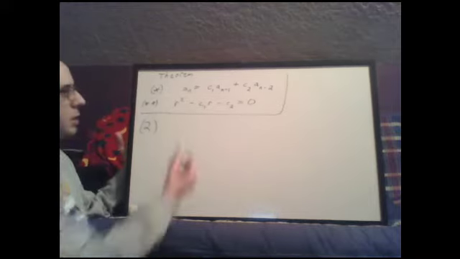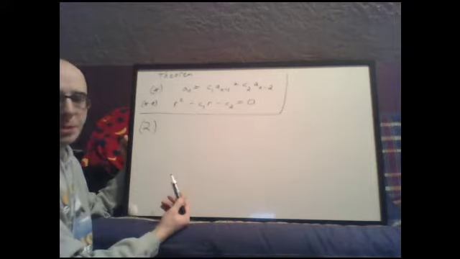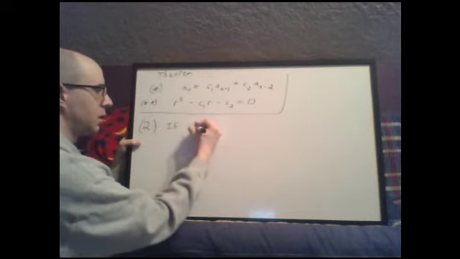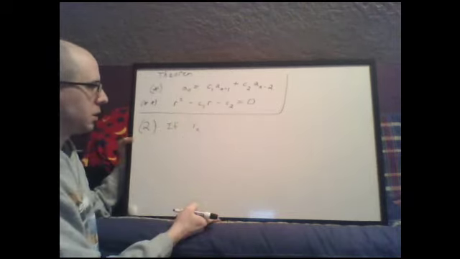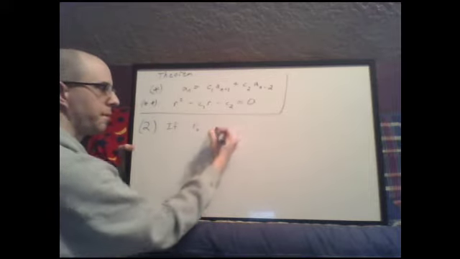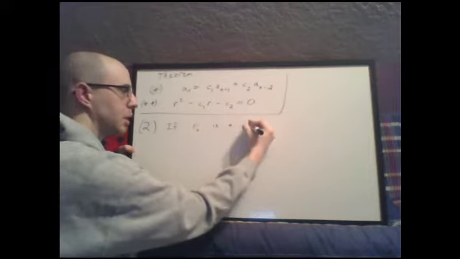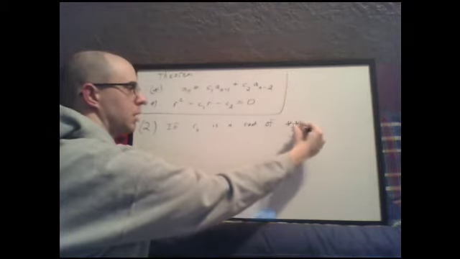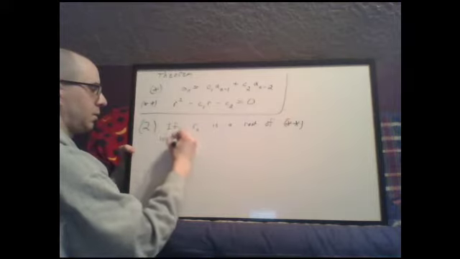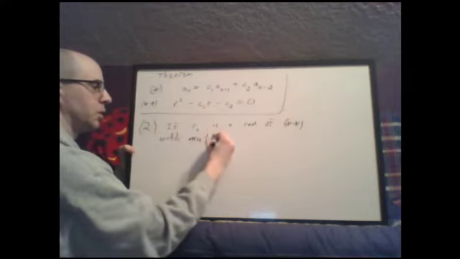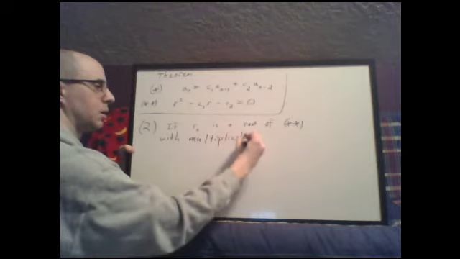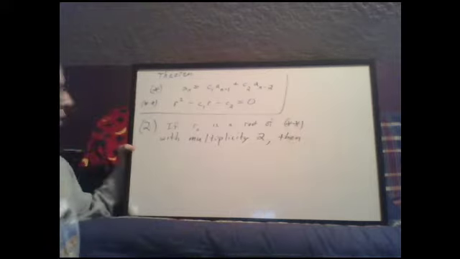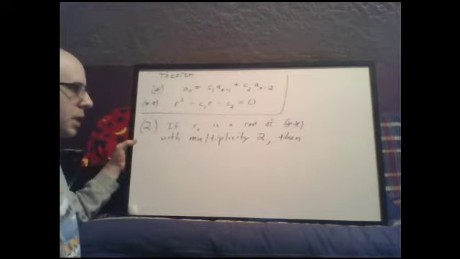So the second case is we have one solution, but it has multiplicity 2. So this case is going to be if r0 is a root of double star with multiplicity 2, then let's just state it like this.